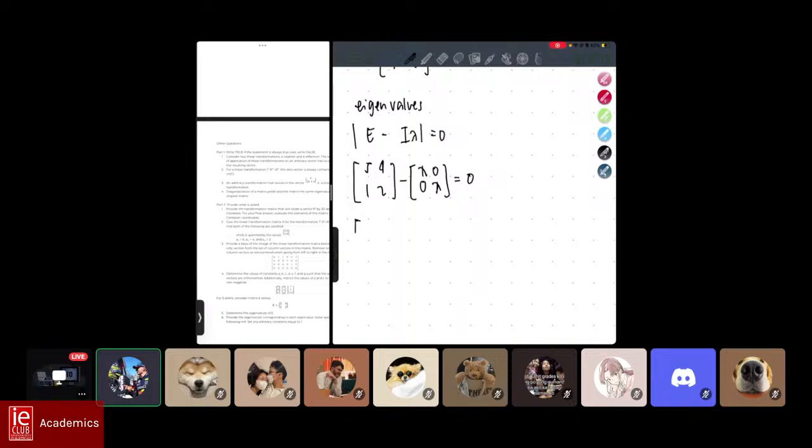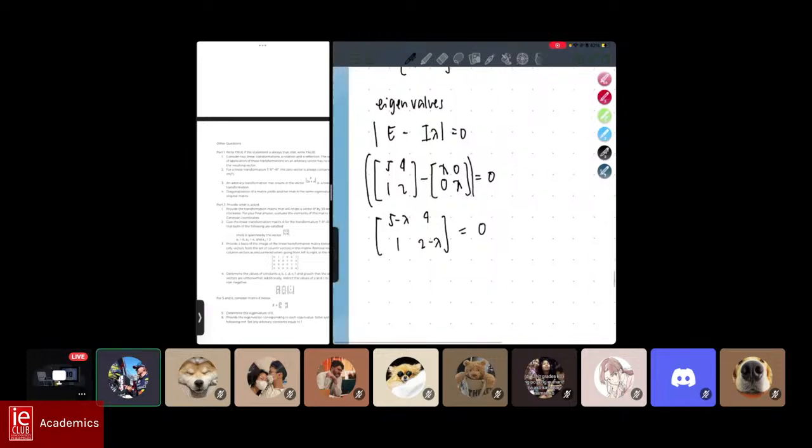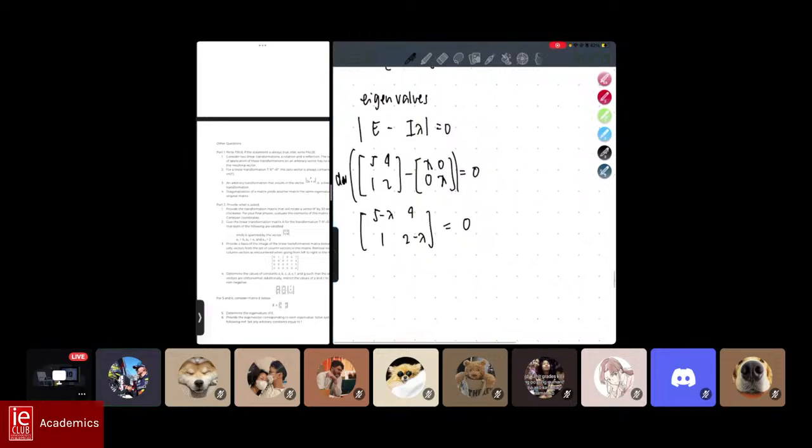So then this just becomes 5 minus lambda, 4, 1, and then 2 minus lambda, equal to 0. The whole determinant is equal to 0.